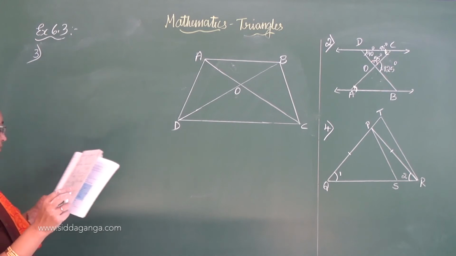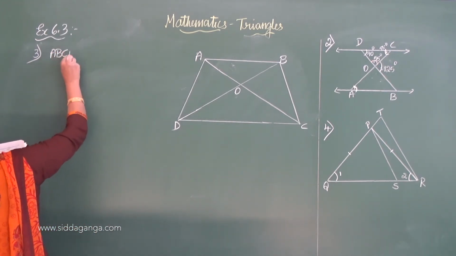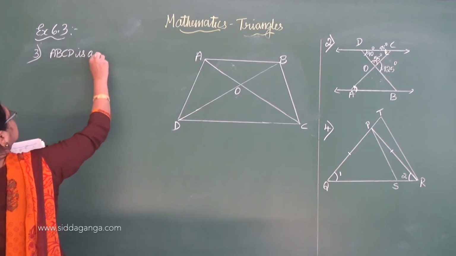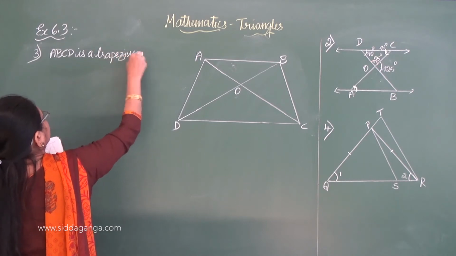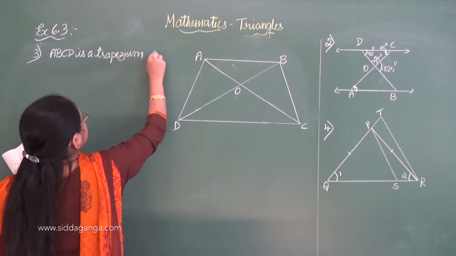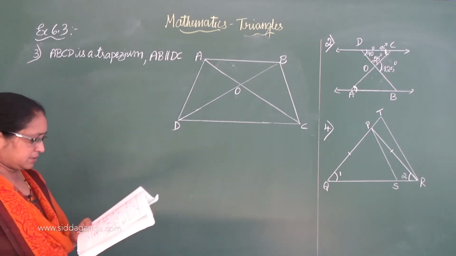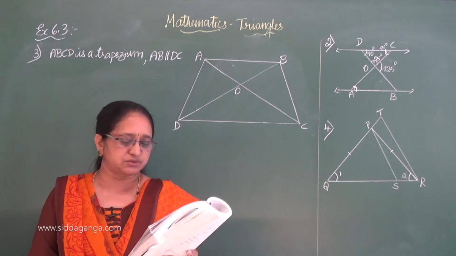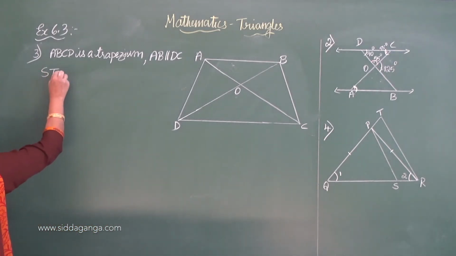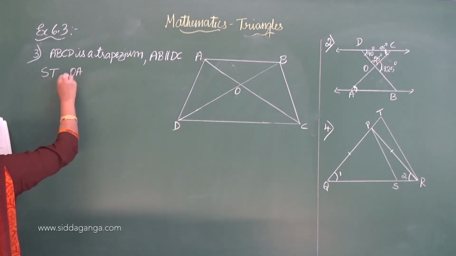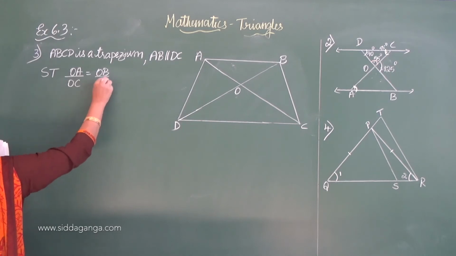ABCD is a trapezium, and they have also given AB is parallel to DC. Now, using similarity criteria for the two triangles, you have to show that OA by OC is equal to OB by OD.